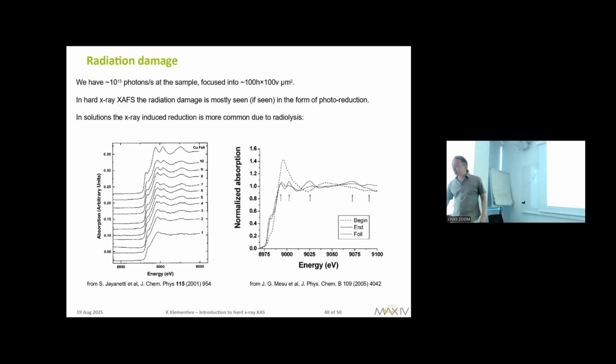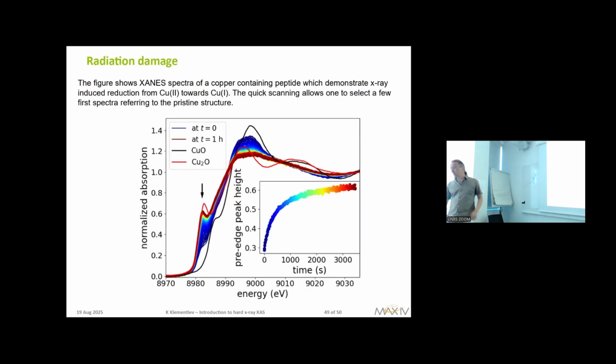That's why we have helium cryostat. It helps a lot. So it slows down reduction. Yeah, this is another example. This from peptides, Alzheimer's disease related, containing copper. And also you see in time, it starts from here and then it goes to more reduced state.